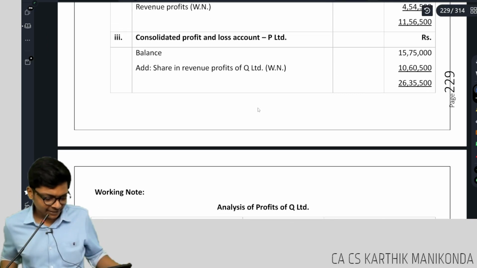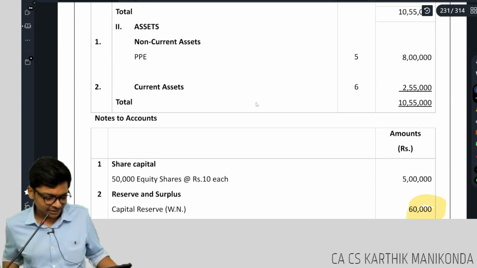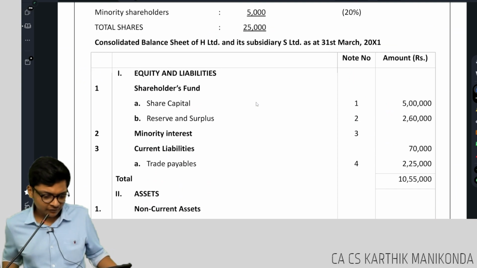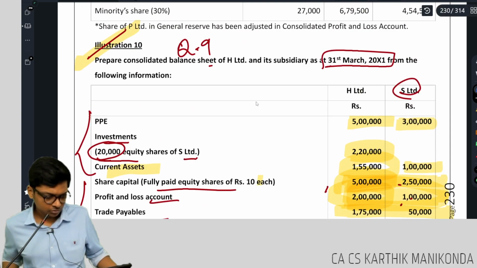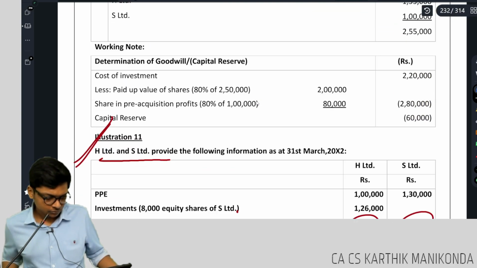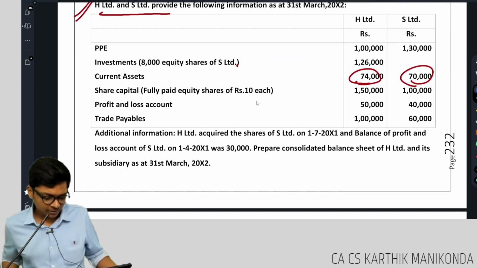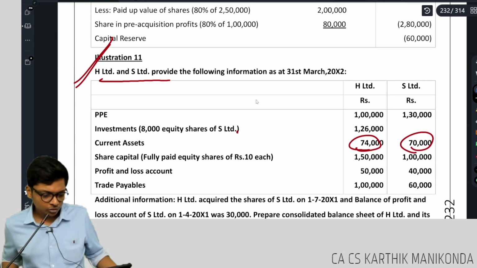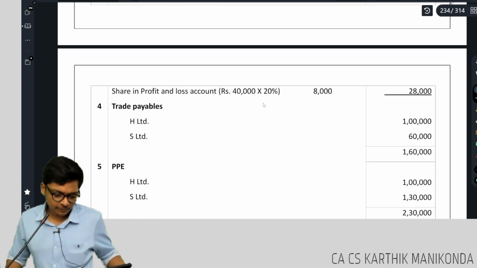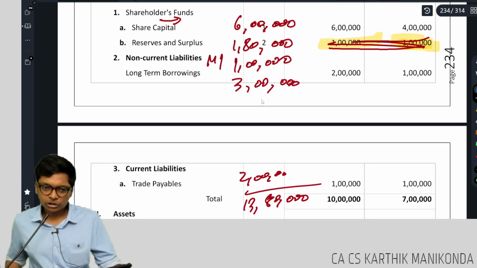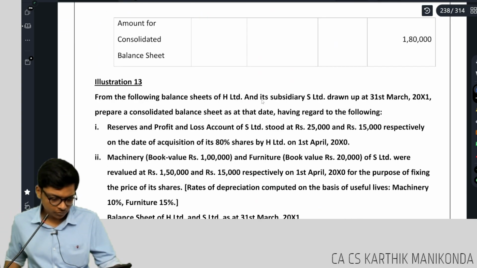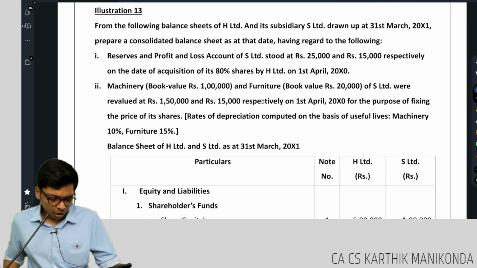I'm just seeing which sum we can take now. 9 we can do if nothing else is there. This is Anushka and Virata. 11 also we have done. 11 done, no? 11 finished. Virat Anushka also is over. Okay.